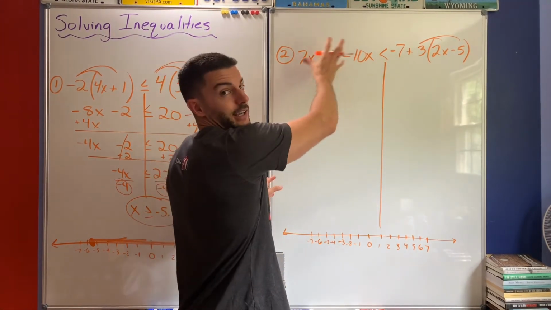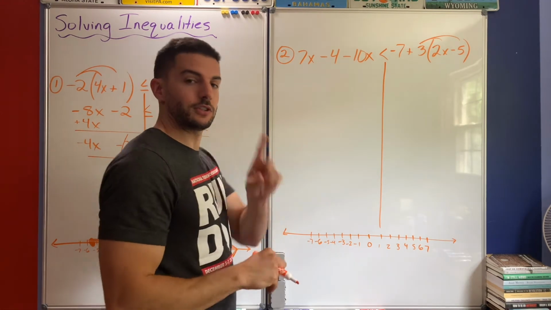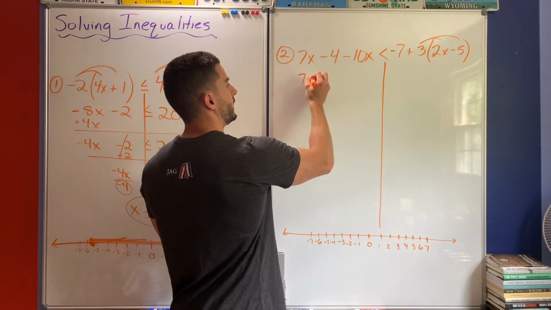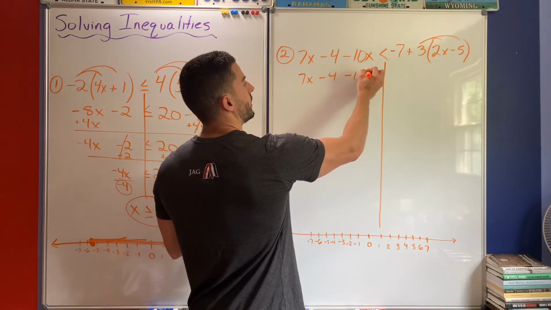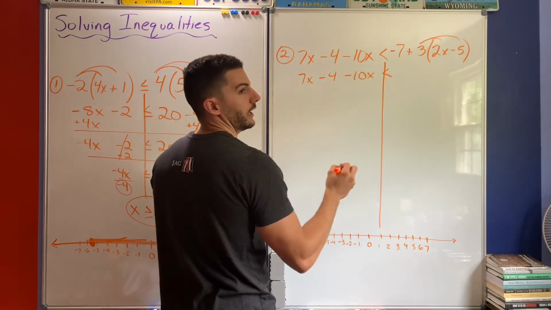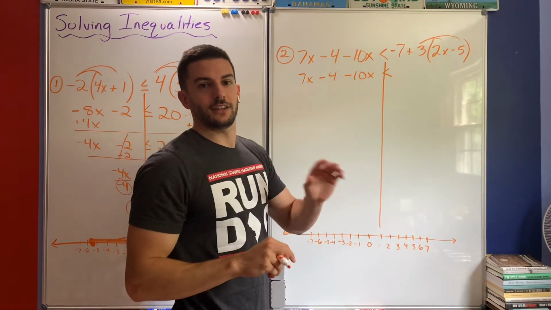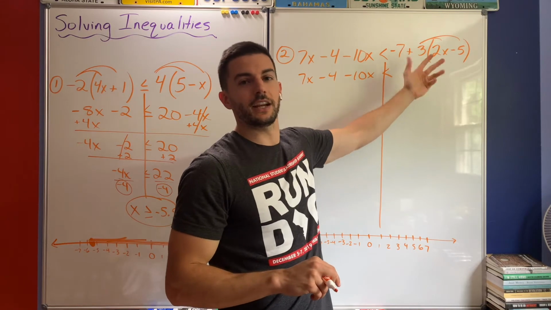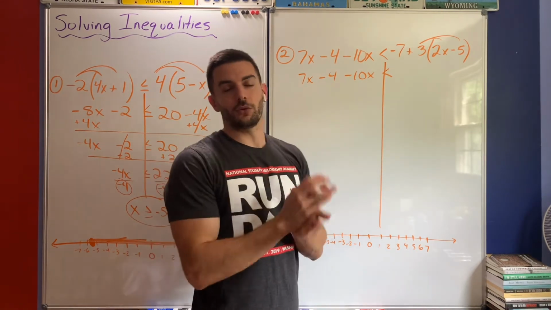I have some simplifying I can do here for number 2, but like I said, I'm just going to do one step at a time. So I'm going to keep this left side the same. 7x minus 4 minus 10x is less than. And so many kids, the common mistake, this is really easy to do, is they see, oh, negative 7 plus 3, that's negative 4. I can add those. Okay, but again, order of operations.